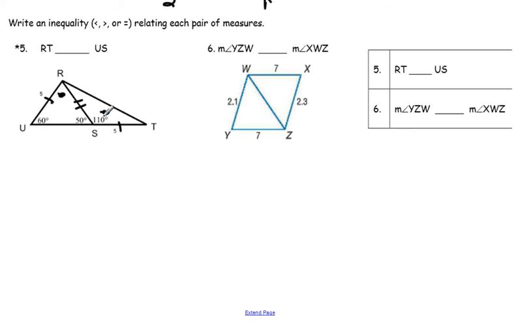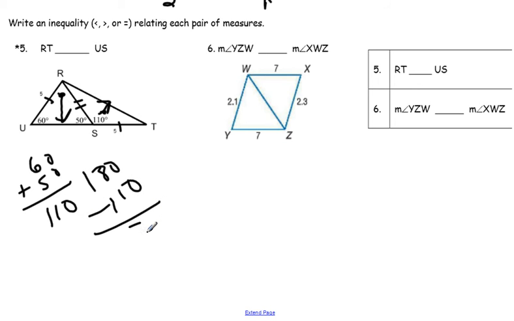So we're allowed to compare the angle 110 and its side to the angle, we don't know its measure, and its side, US. Well, we can find the measure here by taking 60 plus 50, which is 110, subtracting that from 180, which gives us 70.